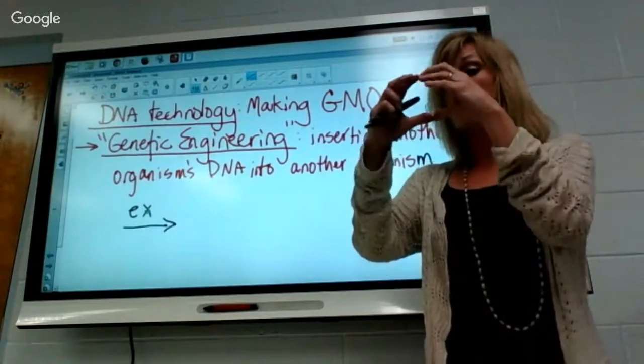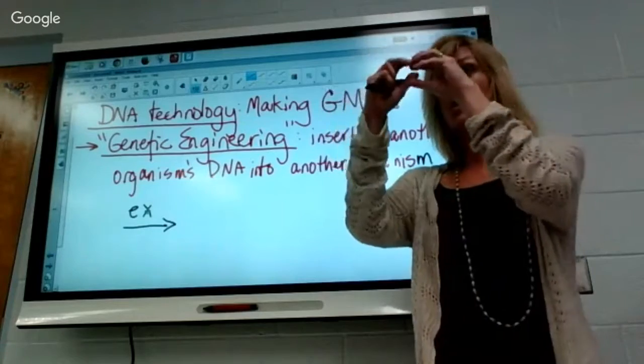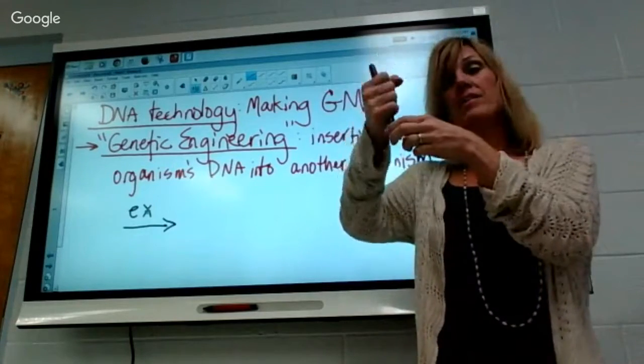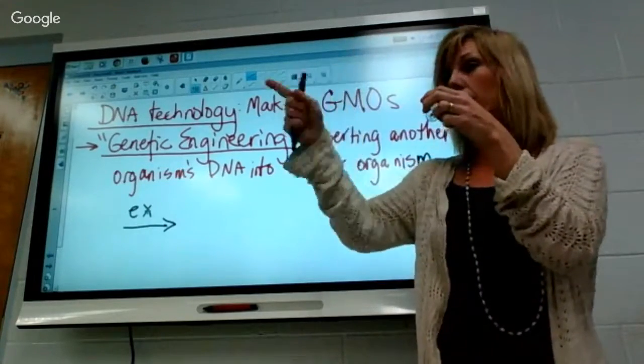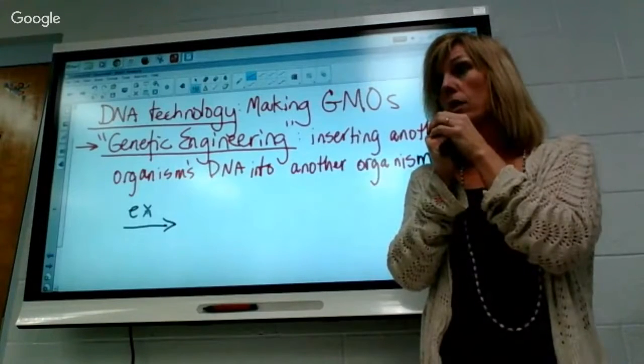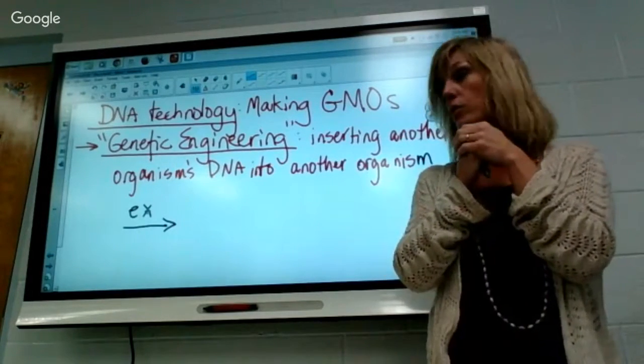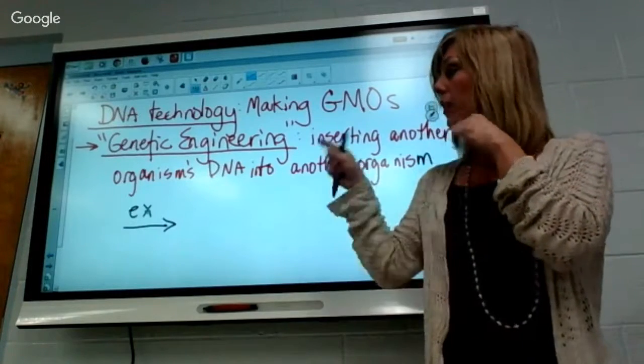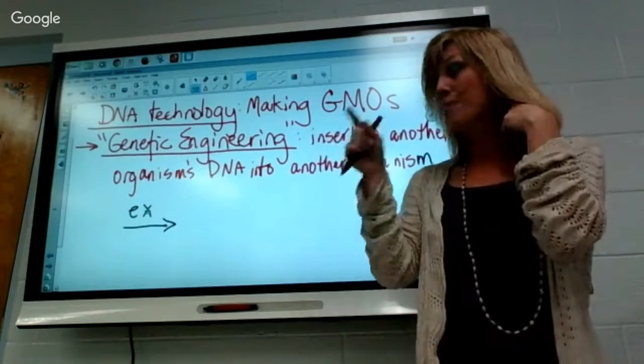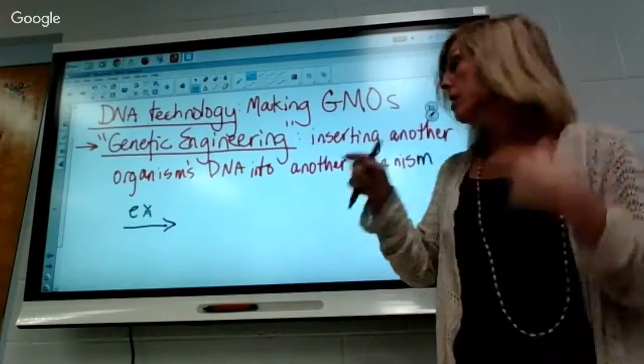And every time that bacterium reproduces, it makes insulin. And then they suck the insulin out of it and they give it to the drug companies, and then they get it out to the pharmacies, get it out to the patients. So your insulin actually was made by bacteria.